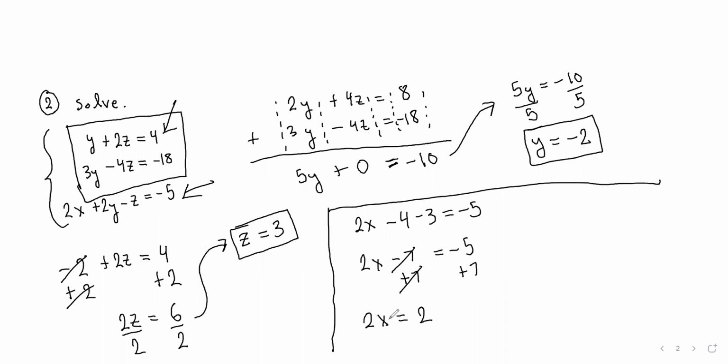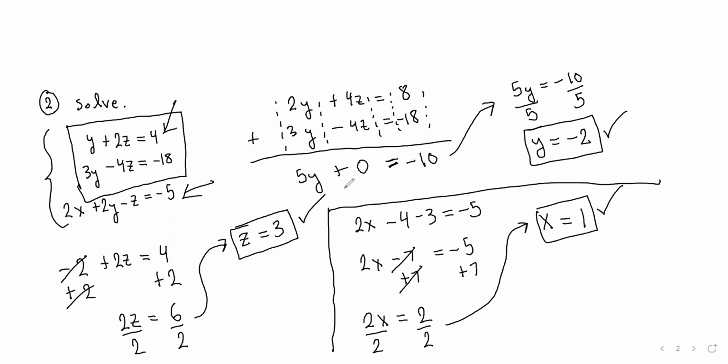And so we'll find x equals 1, since if you divide both sides by 2, we get 2x over 2 is just an x. 2 over 2 is 1. And so for our solution, we have x equals 1, y equals negative 2, and z equals 3.